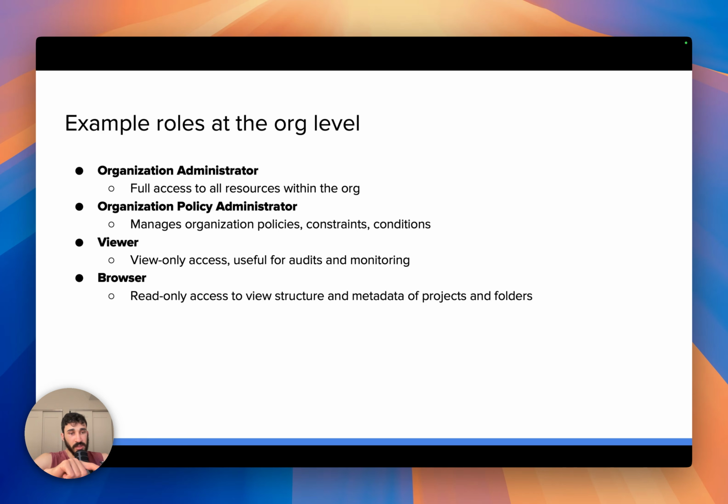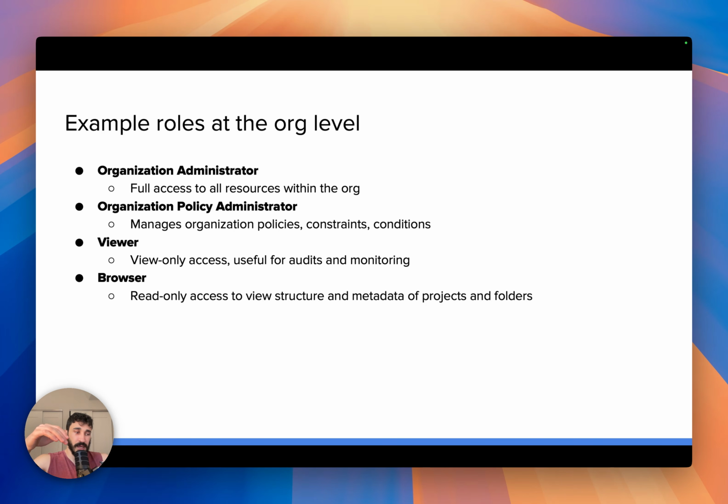Now, one thing to note here is that organization policy administrator is different from organization administrator. Organization policies are essentially ways that you can enforce constraints or conditions on your GCP resources so that, for example, Compute Engine VMs can only be created in the United States or in Germany, or they can't have external IP addresses, or only IAM principals with a domain name that matches your organization domain can be added.